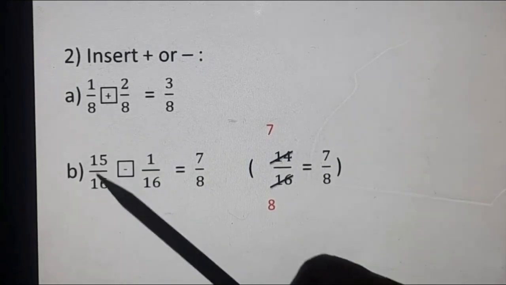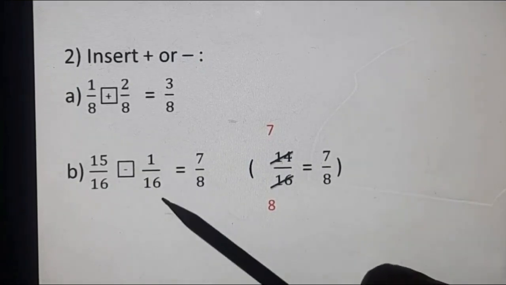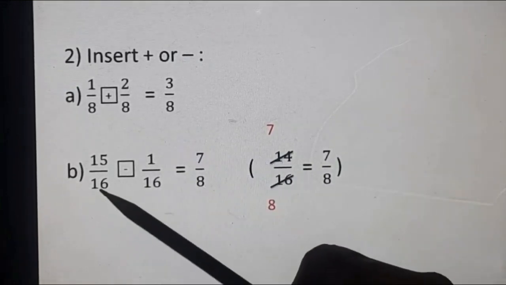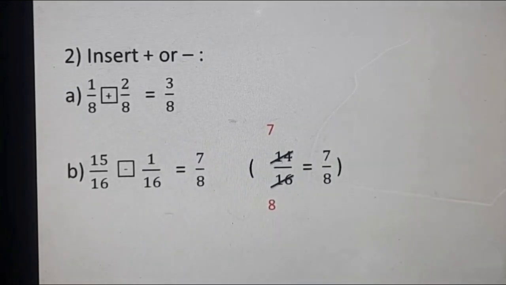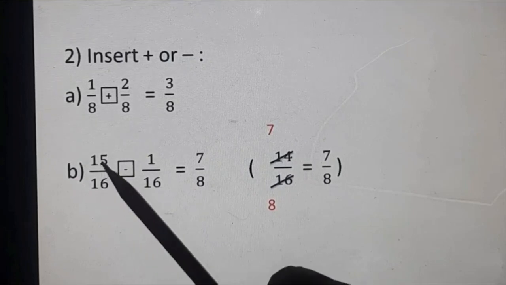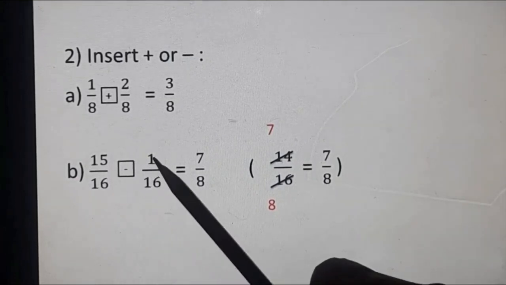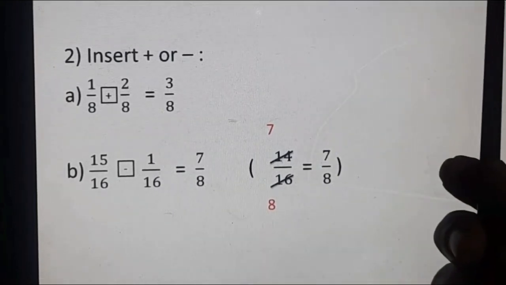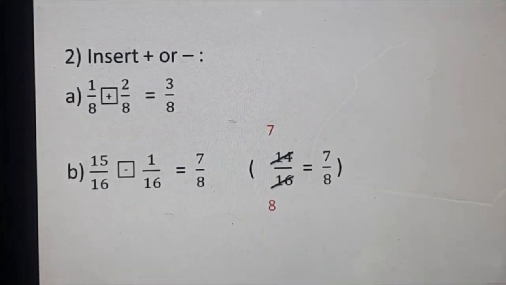B part: 15 upon 16, 1 upon 16 is equal to 7 upon 8. First of all, beta, pay attention: 16 is changed into 8. So if we are doing 15 plus 1, that is 16 upon 16. 16 upon 16 will give you the answer 1. But we want 7 upon 8.